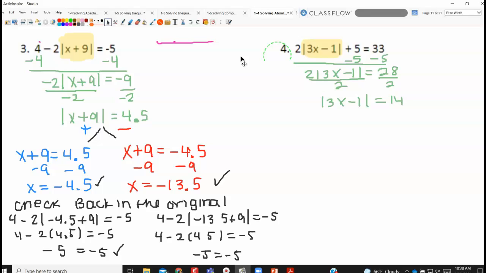And then once you have your absolute value isolated, then you are going to split the problem into the positive and the negative.